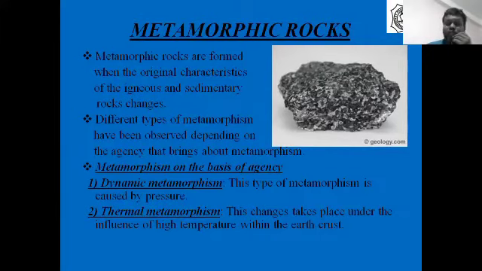As a result of high pressure, granite is converted into gneiss, and clay and shale are transformed into schist at greater depth of the earth's crust.